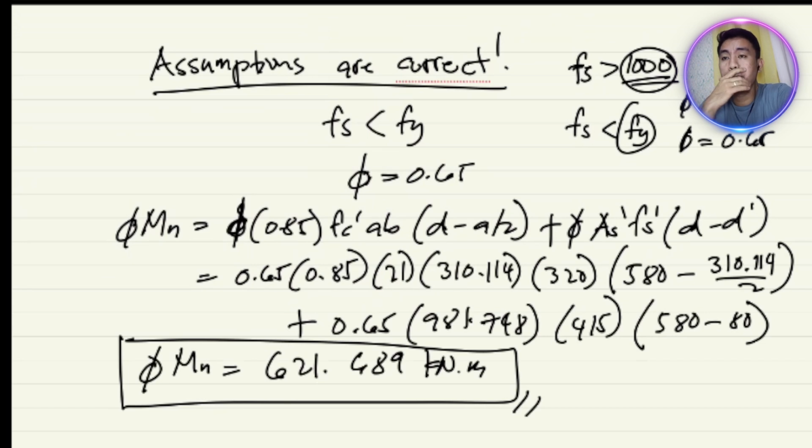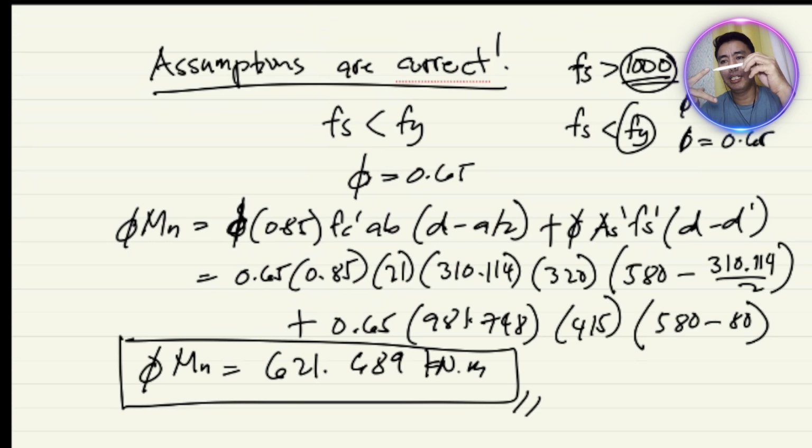So, meron tayong dalawang case sa doble reinforce. Una is designing, given yung section, and then Mu, hanapin yung As. Second is investigation. Given yung As at saka section, then we'll find Mu. Pero sa investigation, maraming cases. Okay? First case, both steel yields.